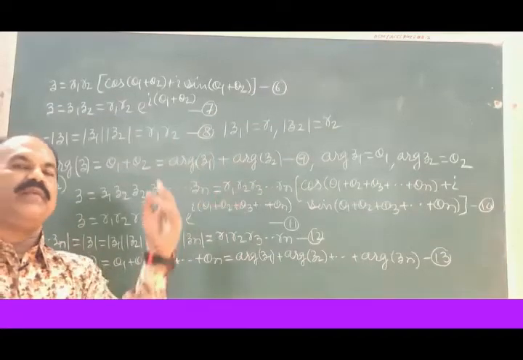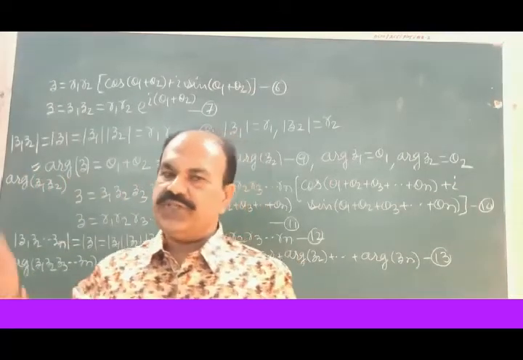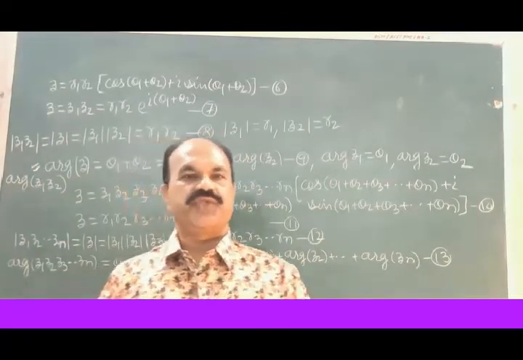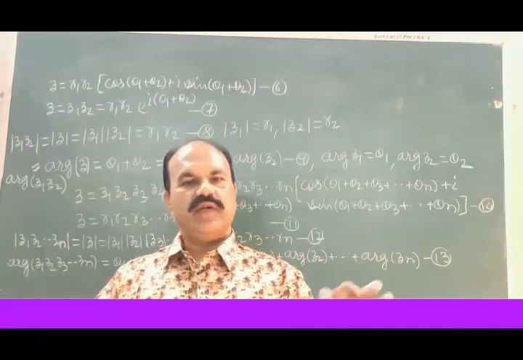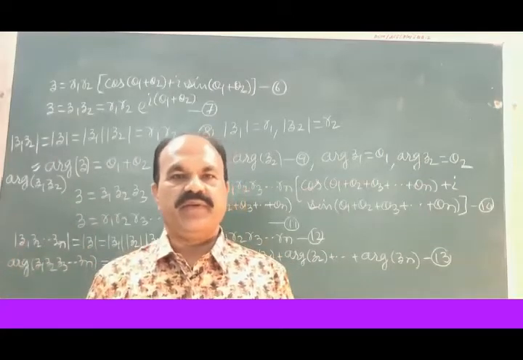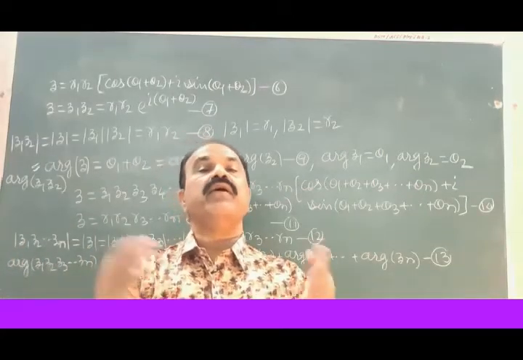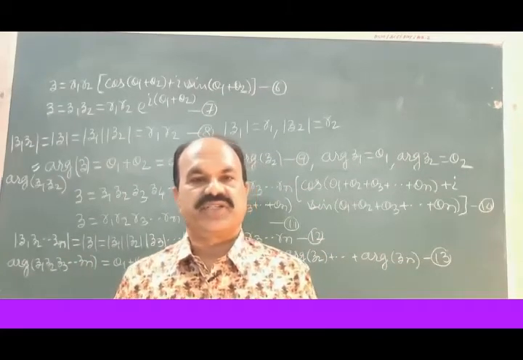So whenever we take product of any number of complex numbers, these two conclusions are always true. That is, modulus of product of complex numbers is always equal to product of their moduli, whatever may be the number of complex numbers in the product.